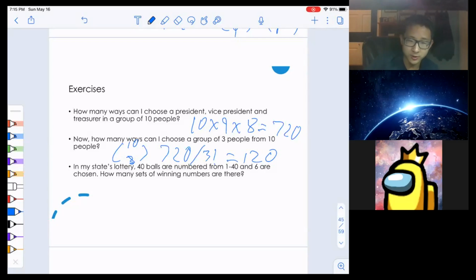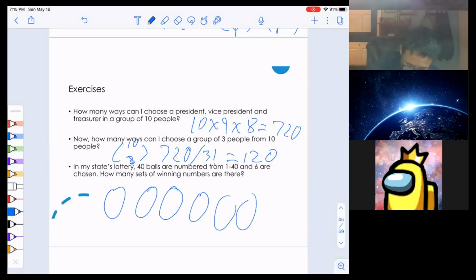So we're just going to find the number of spots again. We're going to draw 6 spots, and we should know the numbers by now: 40, 39, 38, 37, 36, 35. We multiply these all together.